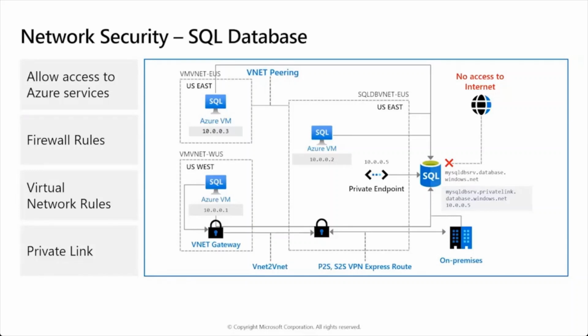So this setup allows our on-premises environment to connect to our Azure SQL databases running in Azure over that private IP address space. We can also use VNet pairing to pair multiple virtual networks together so that essentially we can treat them like one, and so that resources can communicate with one another over that private IP address space as well.